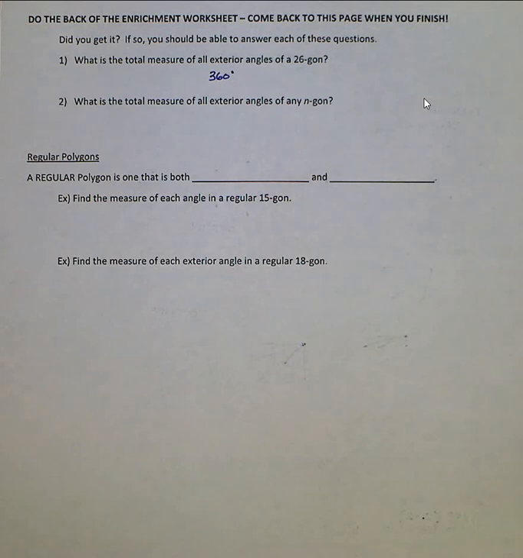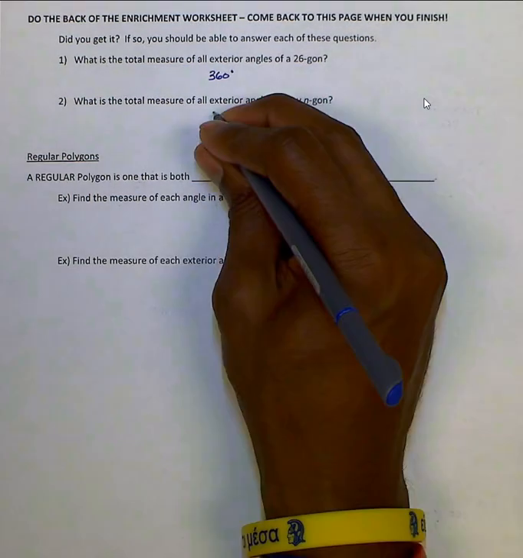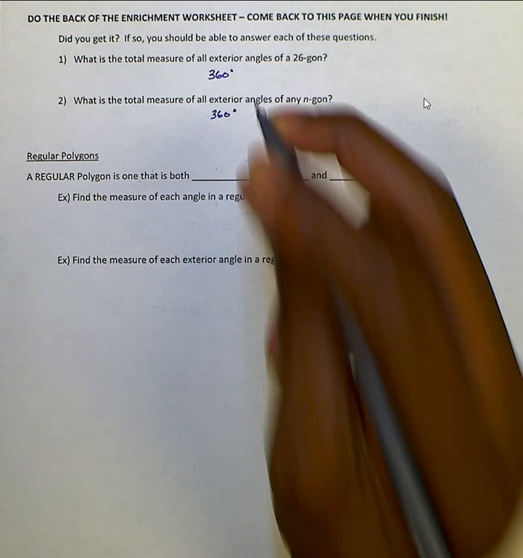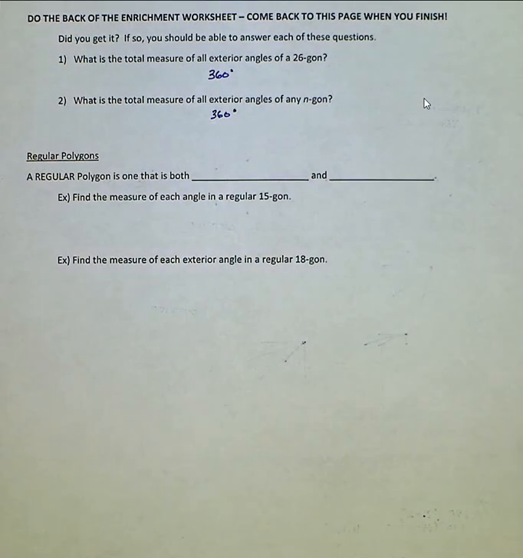What is the total measure of all exterior angles of any n-gon? And that answer is 360. For exterior angles, we know that the sum of the exterior angles for any polygon is going to be 360. So there we have it.